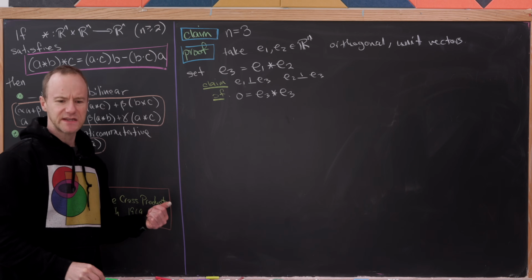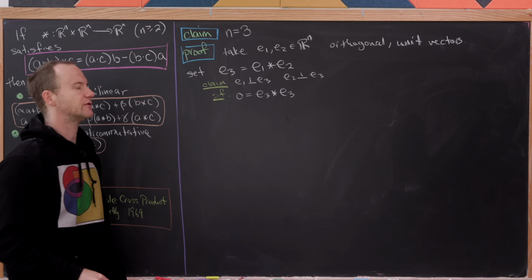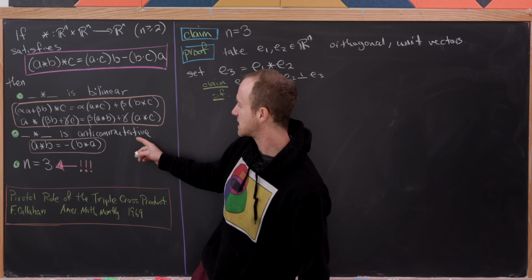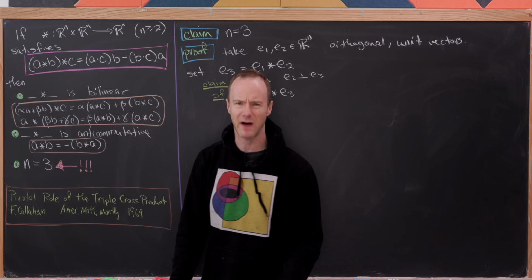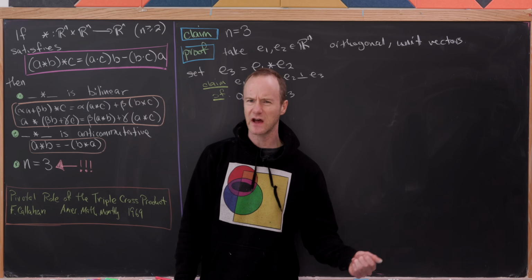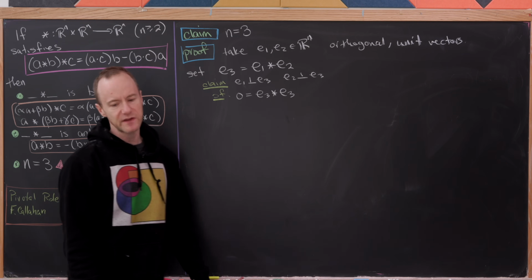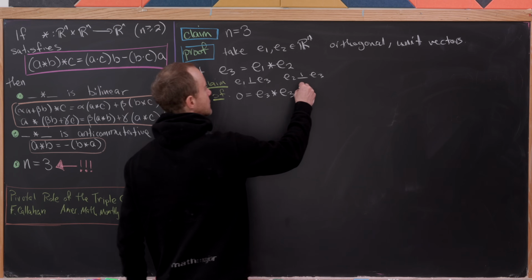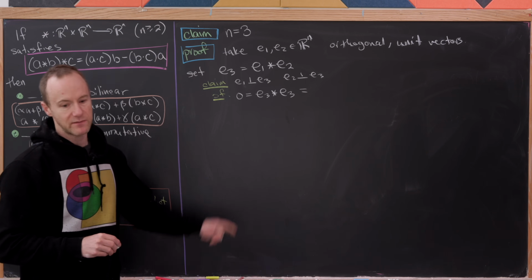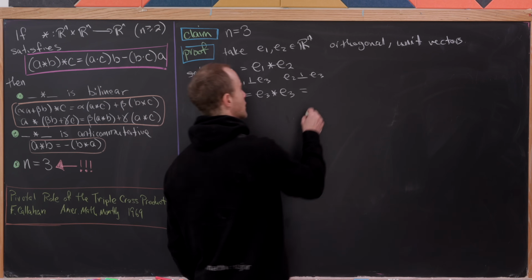Well, why is E3 star E3 equal to 0? Well, that comes from the anti-commutativity. Notice we could switch the E3 with the E3 and we pick up a minus sign. But that means we've got a vector is equal to its negative, but the only vector that's equal to its negative is 0.